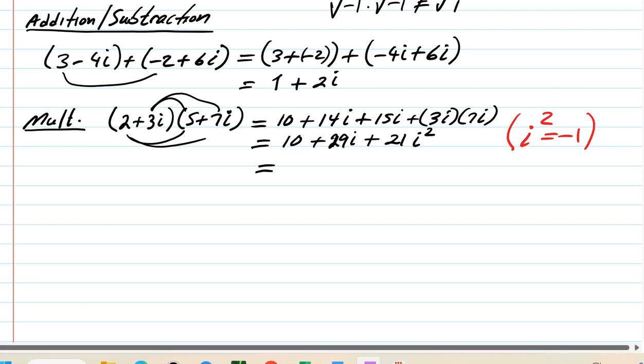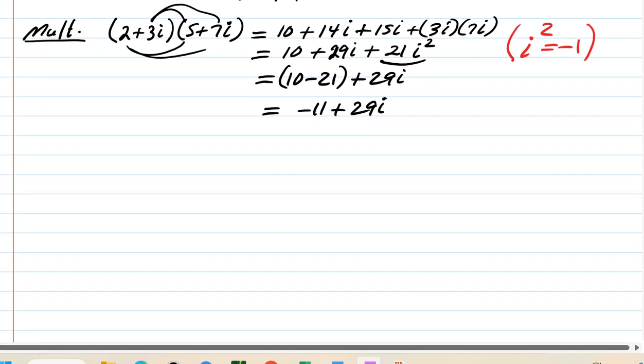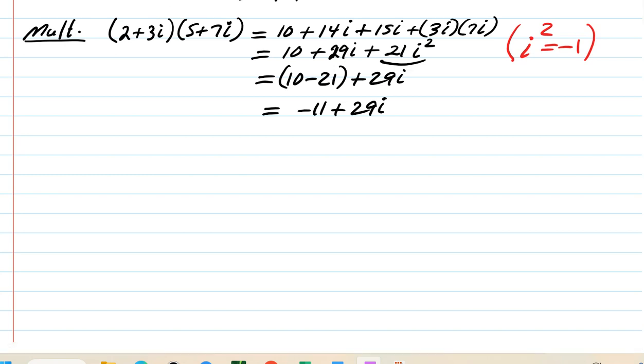So I can write this as 10 - 21 plus 29i, and the whole thing is -11 plus 29i. And you got this one. So addition, subtraction, and multiplication of complex numbers is pretty straightforward.